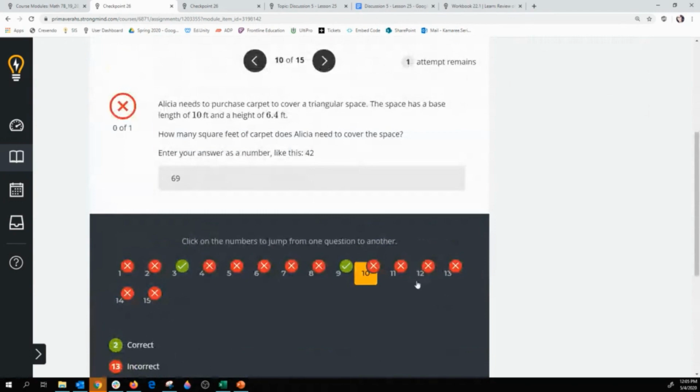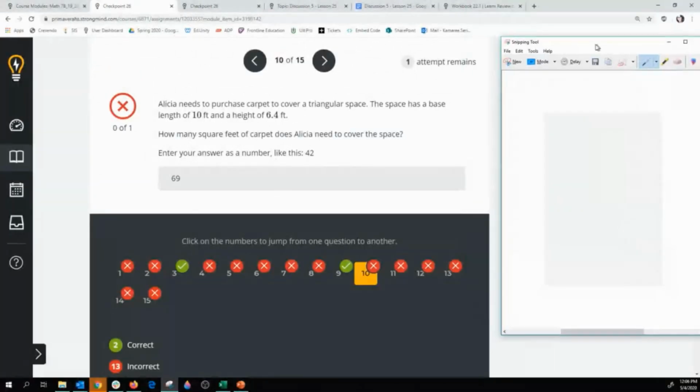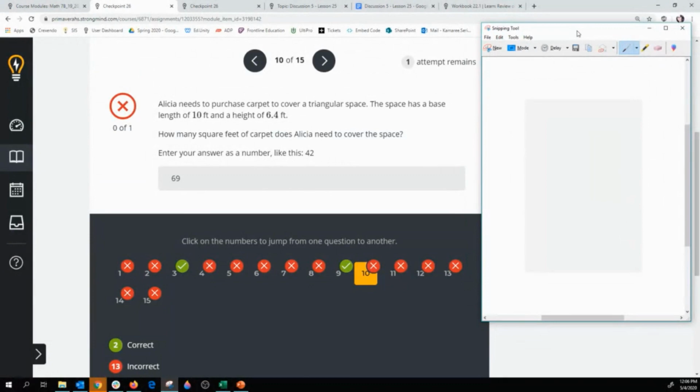All right, on number 10, we have Alicia, and Alicia needs to purchase carpet to cover a triangular space. So I'm going to draw a triangle, because we're talking about a triangle here.